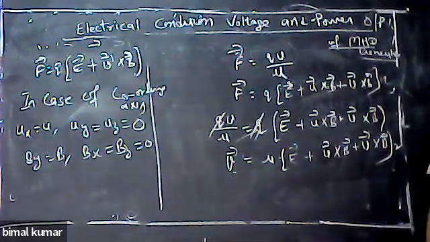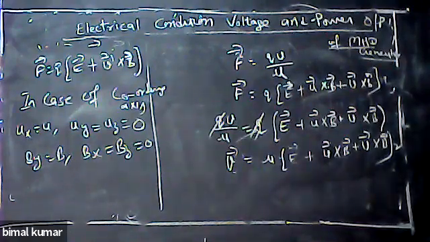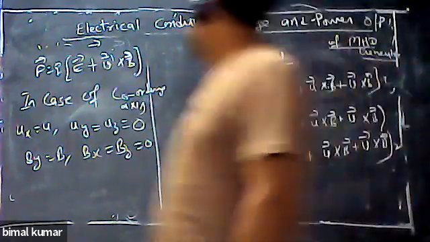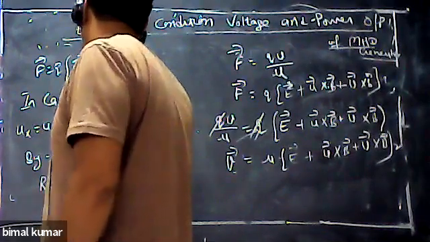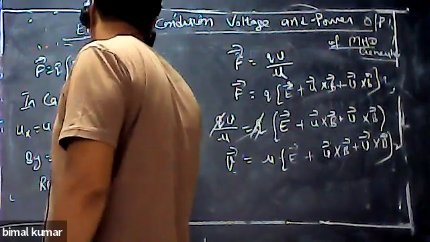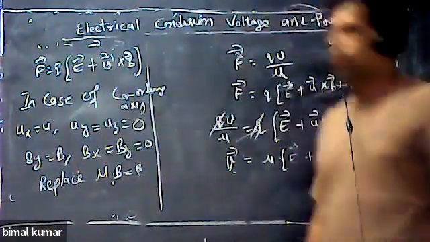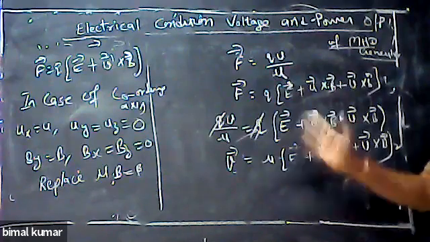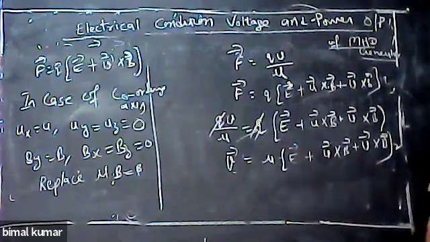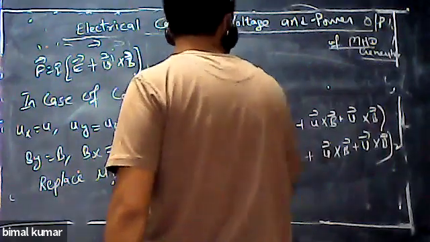Then we will replace mu B with beta. Substituting this, the equation for the velocity in the 3 axes will become Vx, Vy and Vz. This is your equation of V.